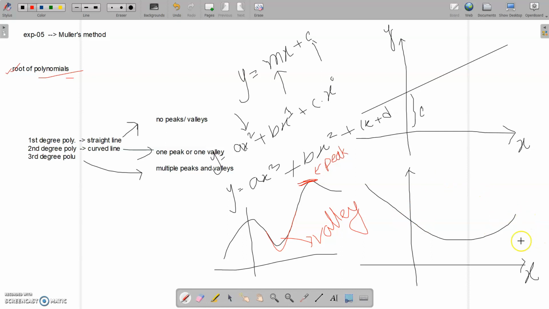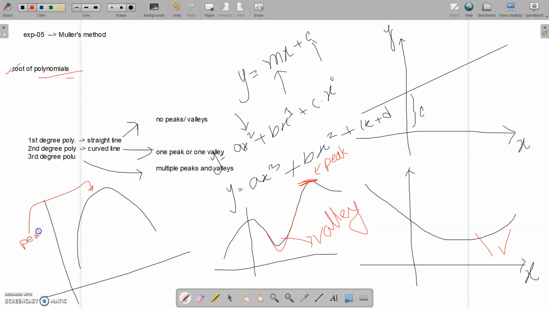In the second degree, there is a valley here. A second degree polynomial can also look like this, where we have a peak here. So a second degree polynomial can have either a peak or a valley.